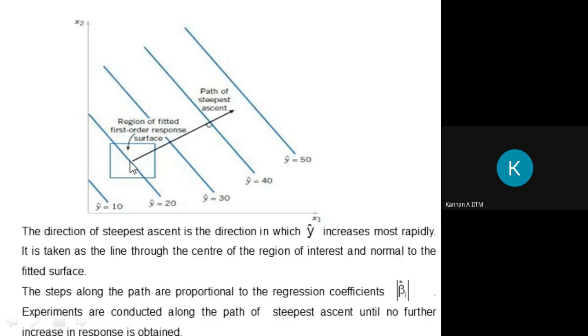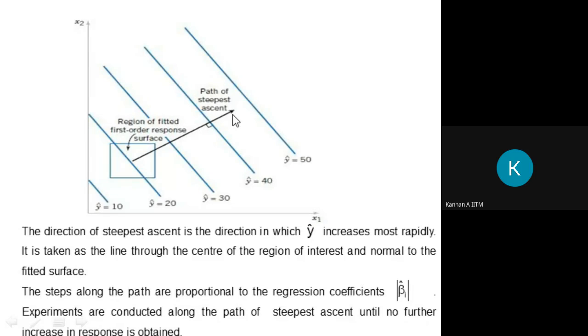What Montgomery has said is, this direction may not be truly representative or accurate of the steepest ascent when you step out into the wilderness, but there is not too much deviation between the true steepest ascent and the approximate steepest ascent.